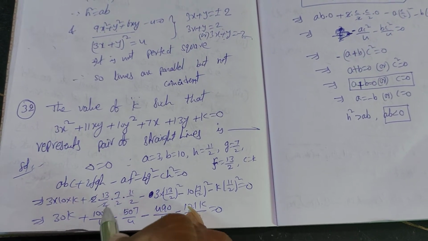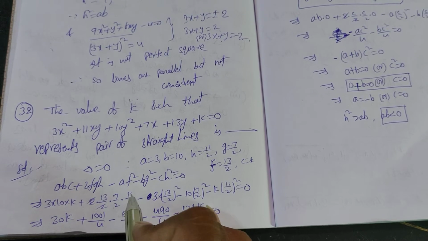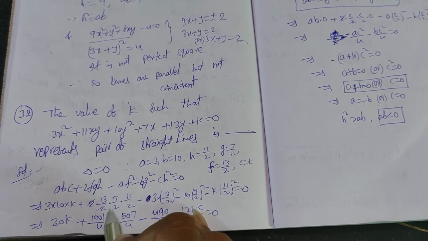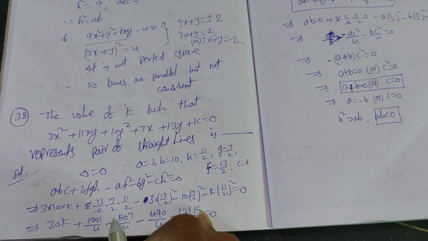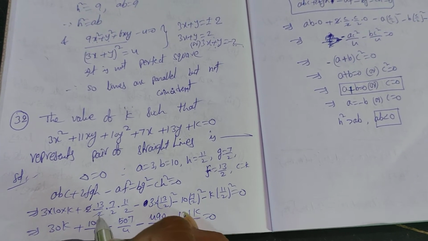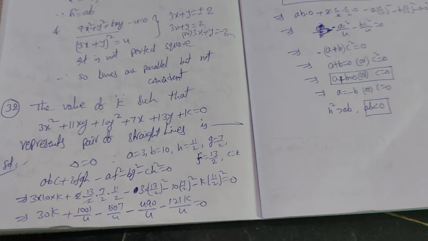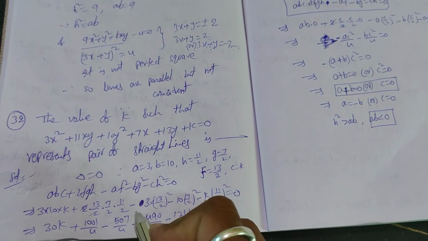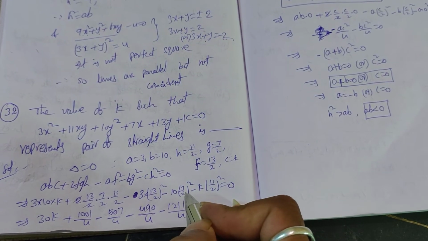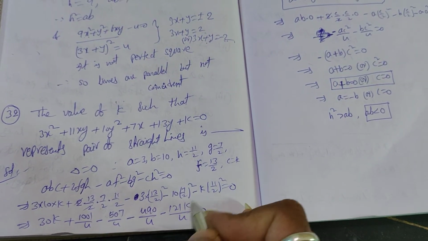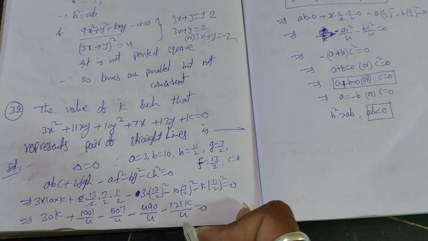This is 30K plus 13 into 11, 143 into 7, 1001 by 4, 2 get cancelled, minus 3 into 13 square, 13 square 169, 3s are 507 by 4, minus 49 10s are 490 by 4, 11 square 121K by 4 is equal to 0.